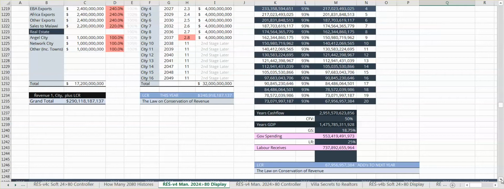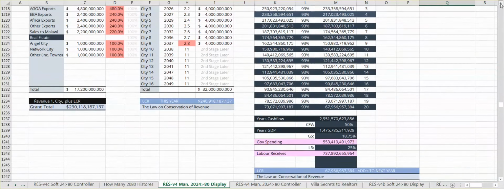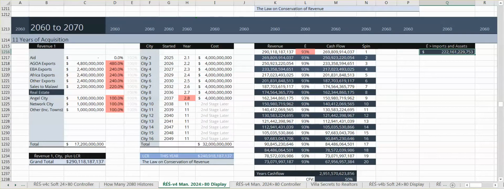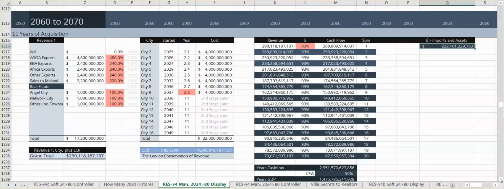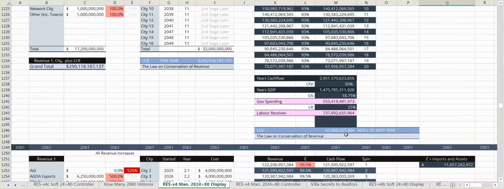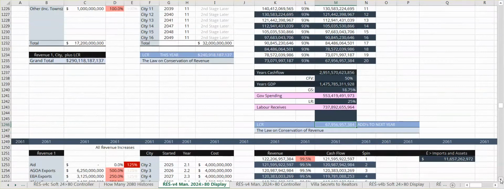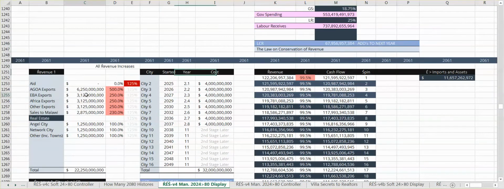You could see Malawi building a city in California, maybe. That would be an interesting turn of events, wouldn't it? Okay, but the next year, all that law of conservation revenue money has gone, and we need to rely on more income.